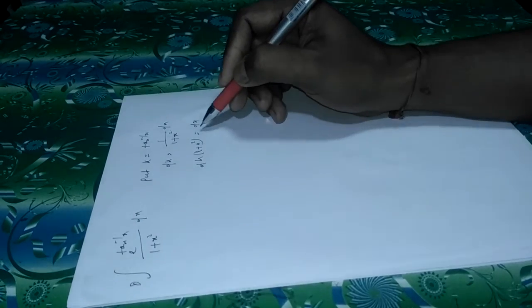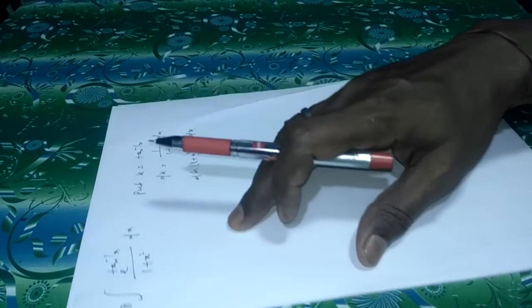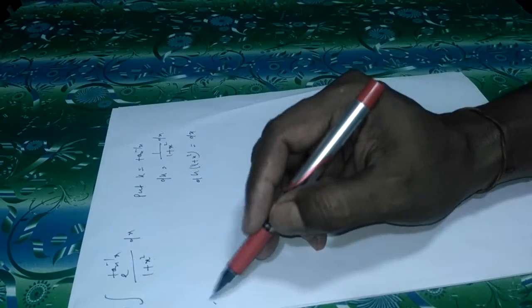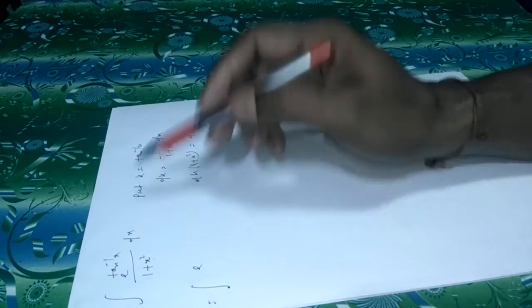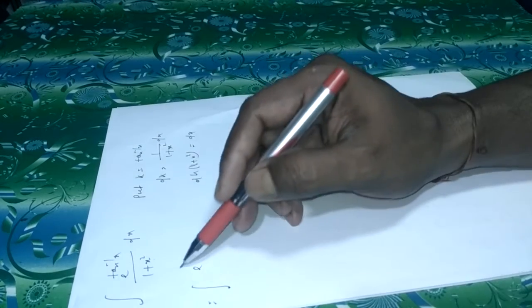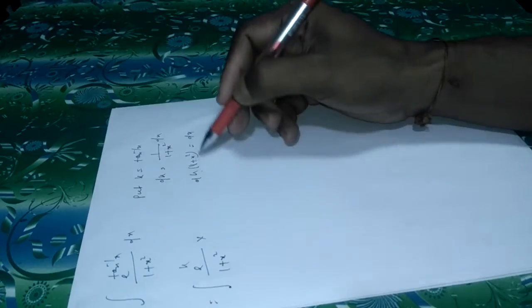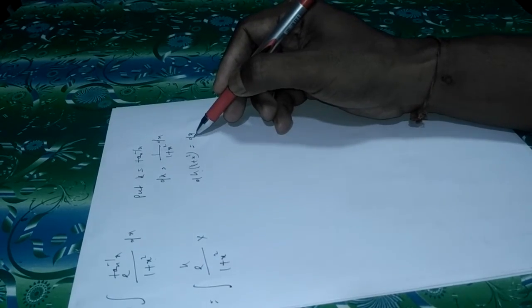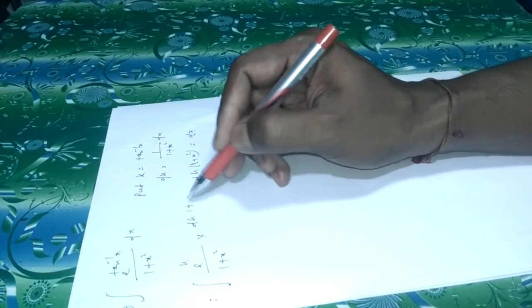Why this indirect method? Because the division formula is not there in integration, that's why the indirect method. So e to the tan inverse x, put k: e to the power k divided by 1 plus x square. What is the dx value? Dx is equal to dk into 1 plus x square. So dk into 1 plus x square.